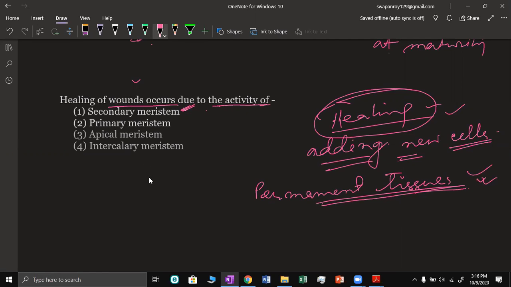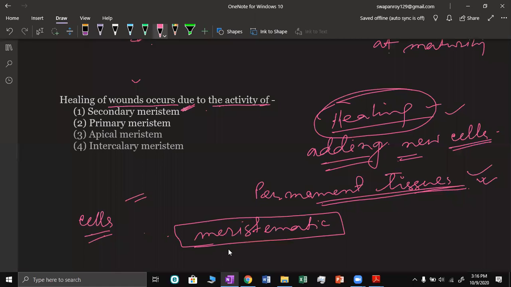So what happens is, if there is a wound anywhere, the cells in the neighborhood of that wound, the permanent living cells, say parenchyma tissue, collenchyma tissue in the injured portion, they become meristematic.